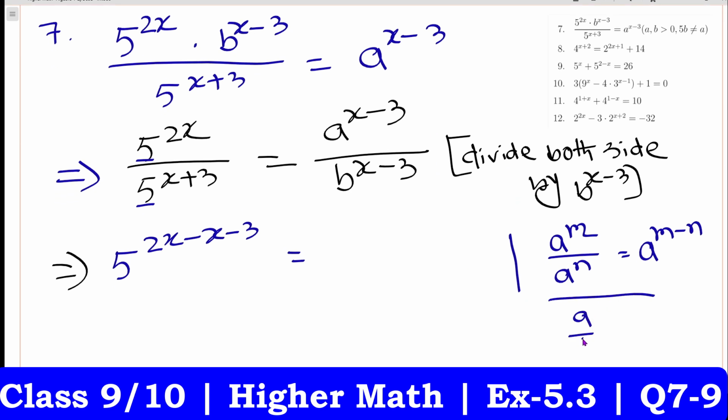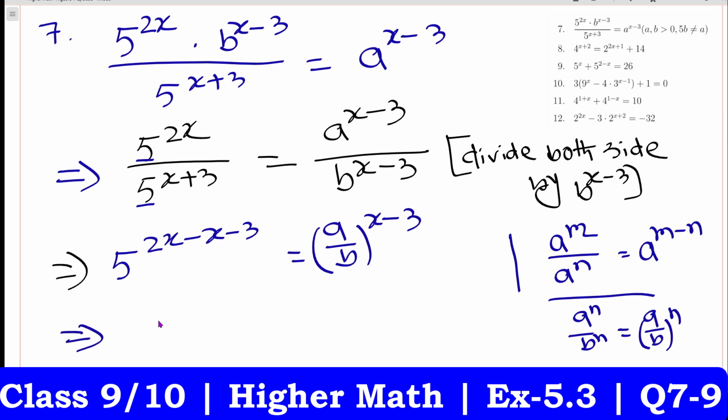If a to the power n and b to the power n, you can write a by b to the power n, because both powers are the same. So in this case we can write a by b to the power x minus 3. Now here 5 to the power 2x minus x, it will be x minus 3, and here a by b to the power x minus 3.